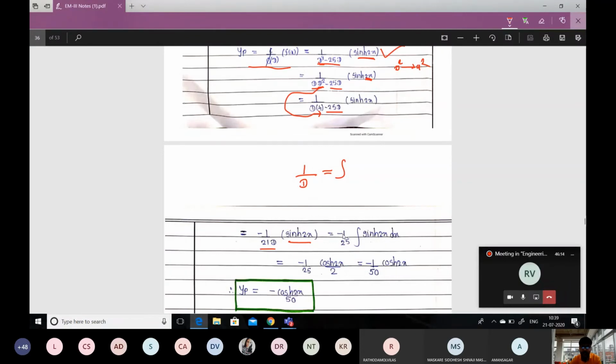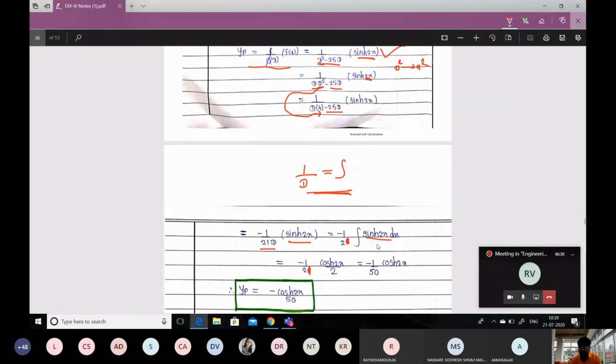So in this case, not 25, it has to be minus 21. There is a calculation mistake, I'm just correcting myself. It is minus 1 upon 21, and instead of 1 upon D, we take the integration of sine hyperbolic 2x, with minus 1 upon 21 as it is outside.